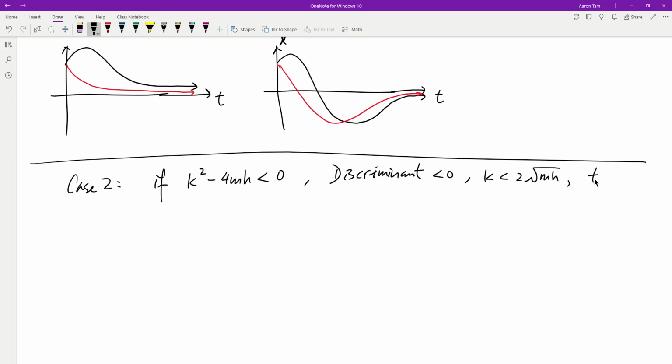In this case, the characteristic roots are imaginary, actually complex conjugates.